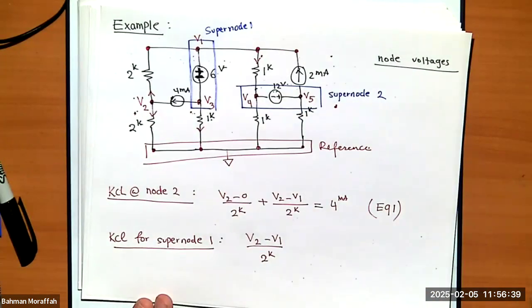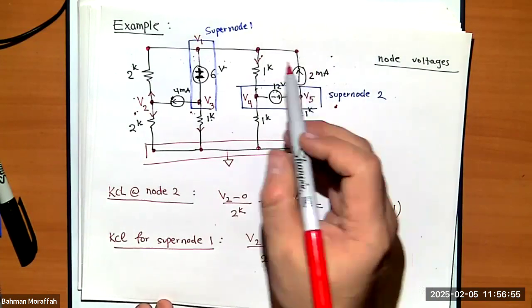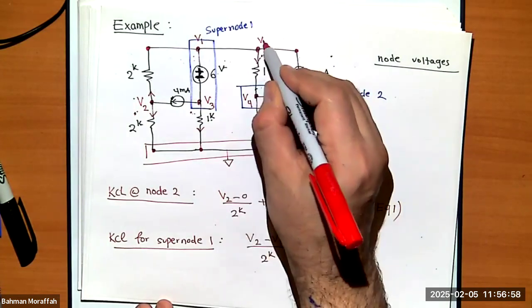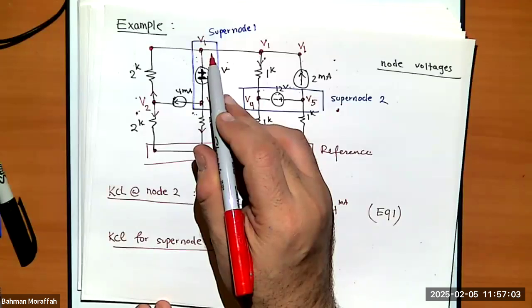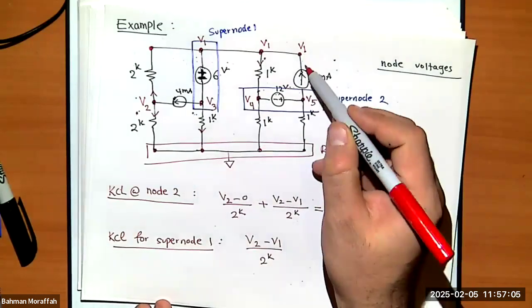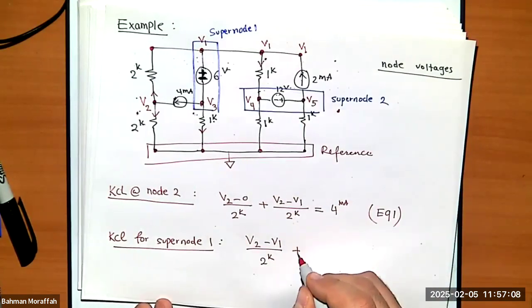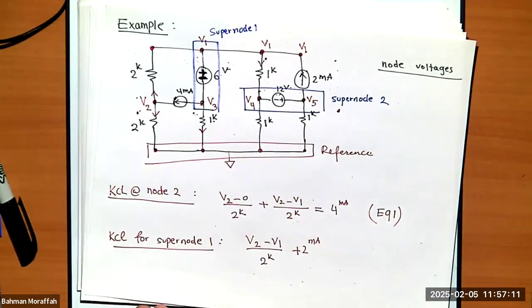What else is going into this guy? Is there anything else? There is. This guy. Remember, this is still V1. This is still V1. This is still V1. So that is part of this supernode. So I have this 2 milliamps going in, so I have plus 2 milliamps. Do I have anything else going in? No.